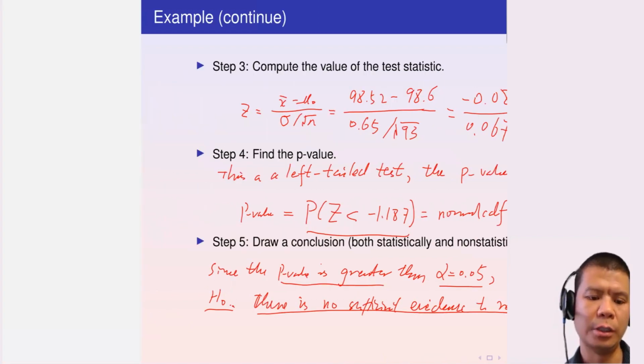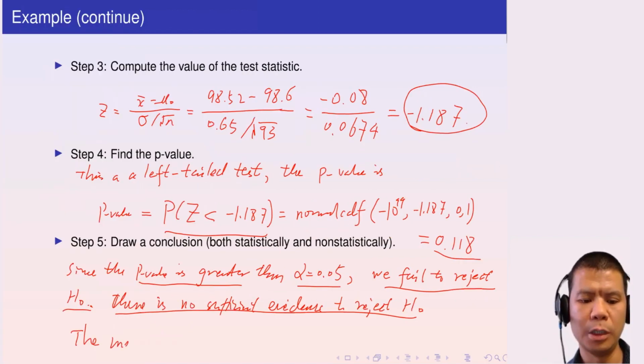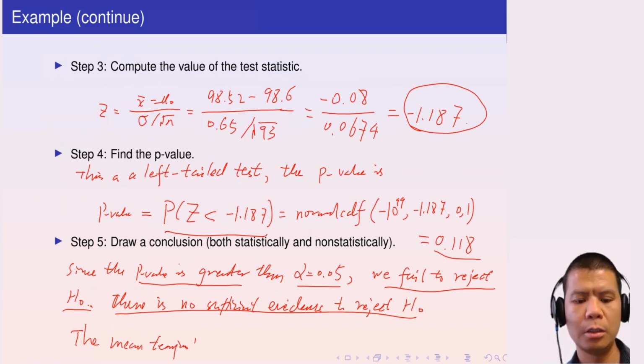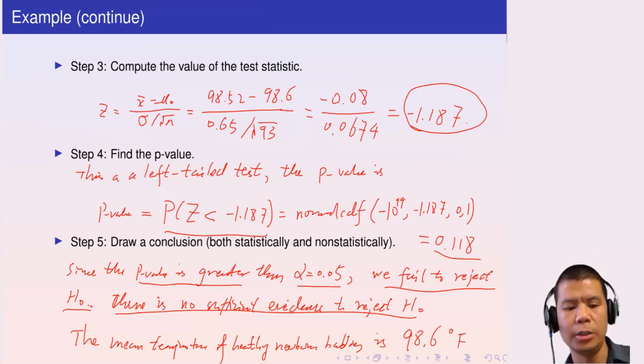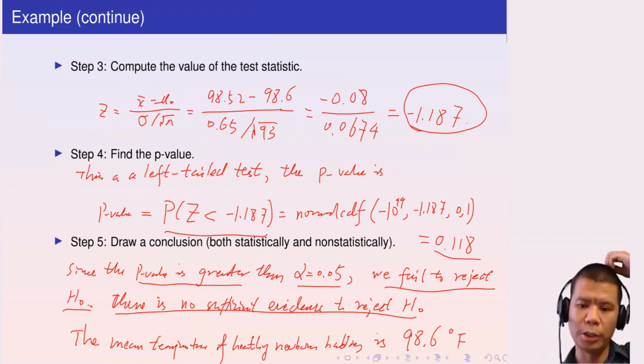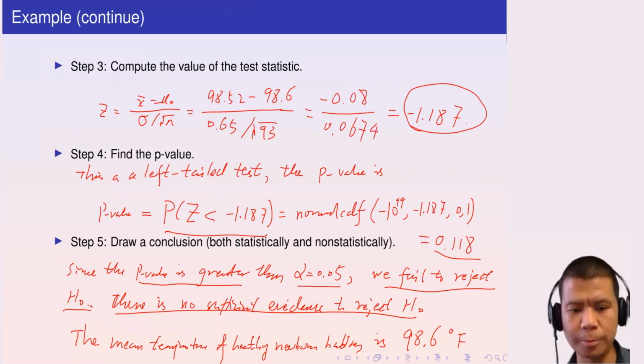So the mean temperature of healthy newborn babies is 98.6 Fahrenheit. Okay, so that is our non-statistical conclusion.